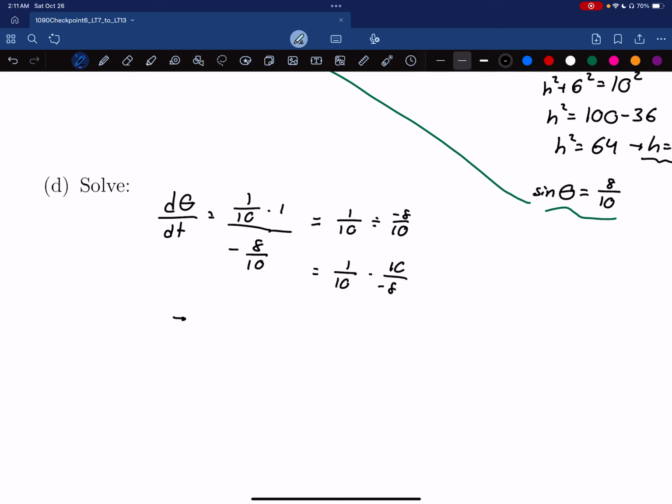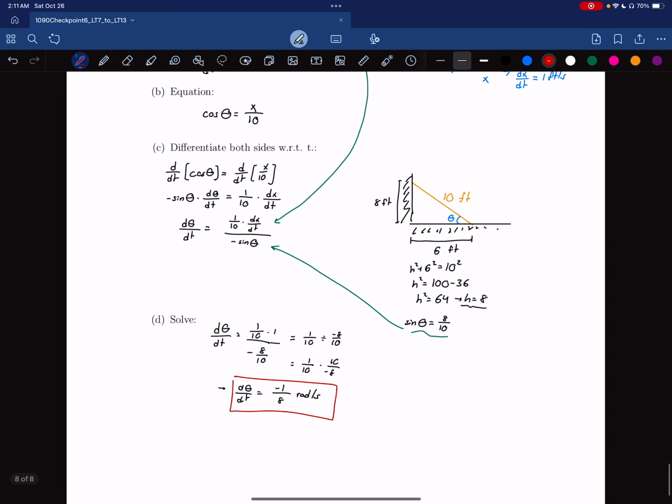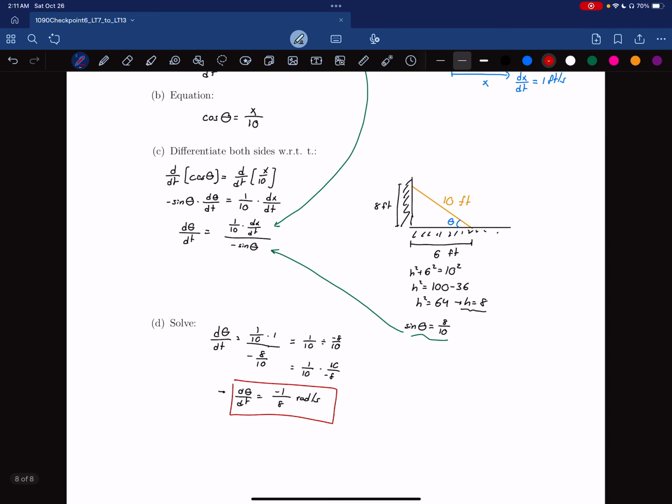So our d theta dt will be equal to negative 1/8 radians per second. Units are very important for these problems. Since we're actually dealing with an application now, it's important to know what units we're dealing with and also to put those in the problem.